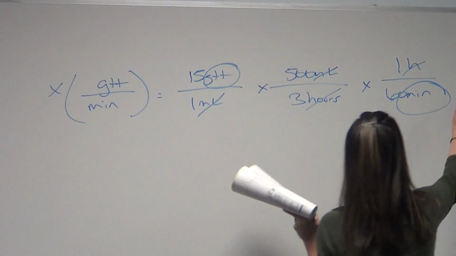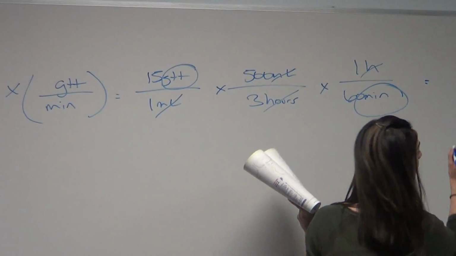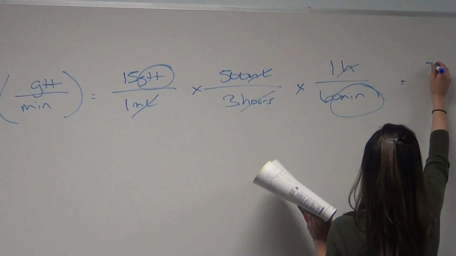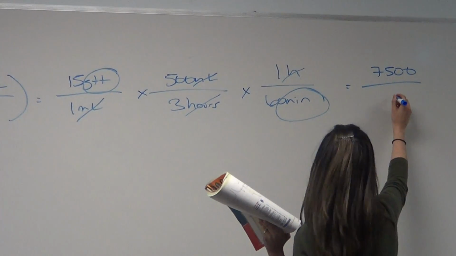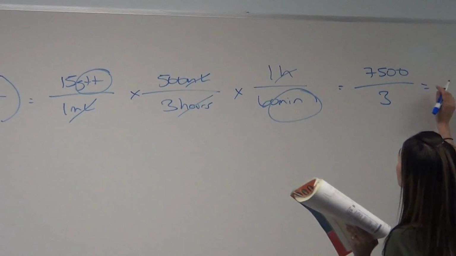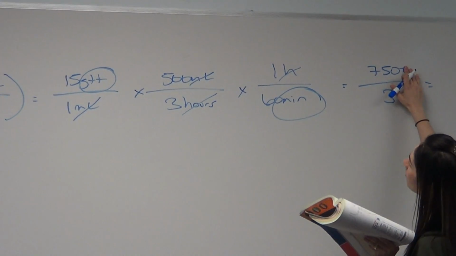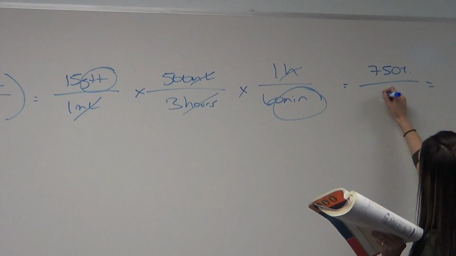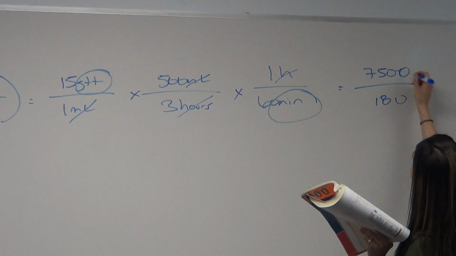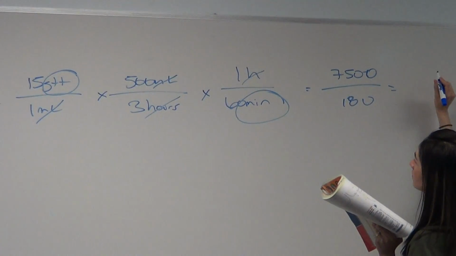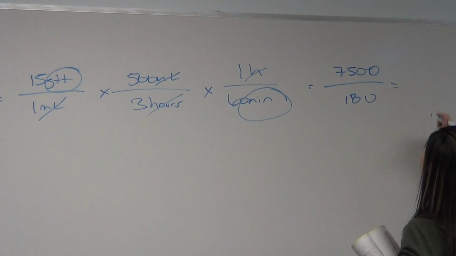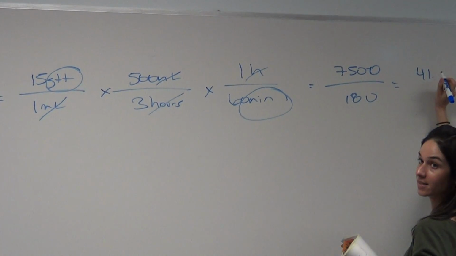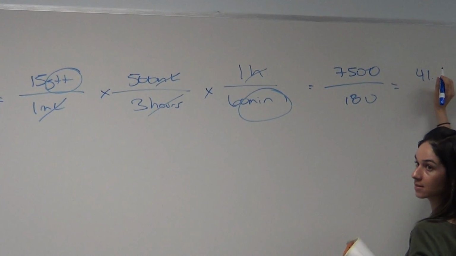So when we do the math, somebody do it for me. 15 times 500? 7,500. Over 3, over 180. 41.6.